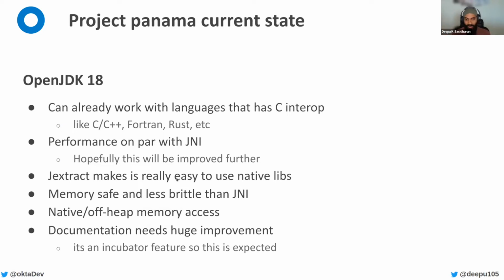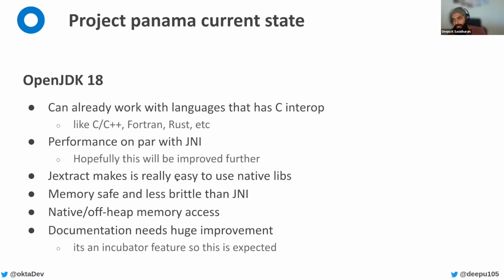So there's going to be a lot of breakage as long as this is in the incubator stage. Preview stage should be a bit more stable. So after 19 should be a bit more stable, but still there's going to be something that will change. The APIs might change, things will break, things will be renamed and stuff like that until it gets stable. So not a good idea to use this for any production stuff, but we are getting there.